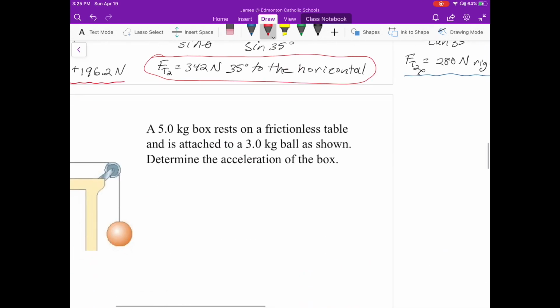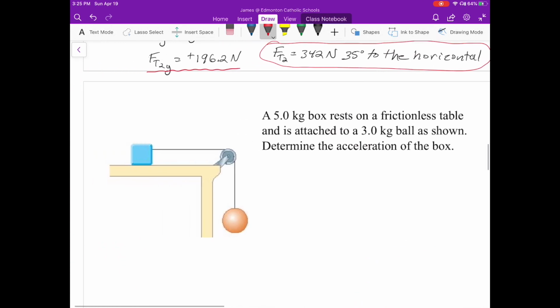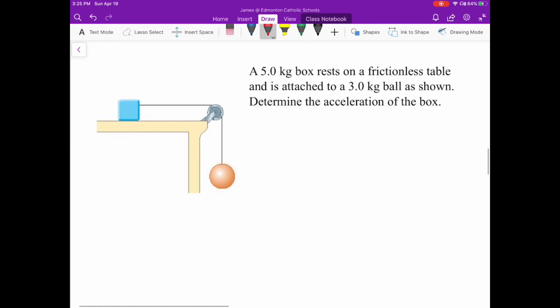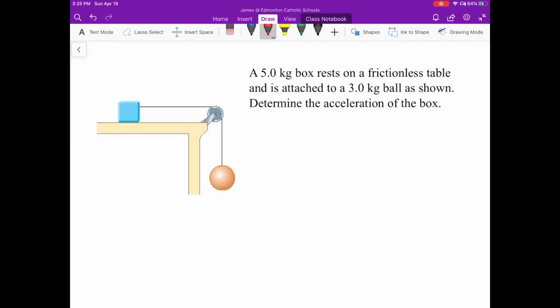Okay, let's move on to the next one. A 5.0 kilogram box rests on a frictionless table and is attached to a 3.0 kilogram ball as shown.